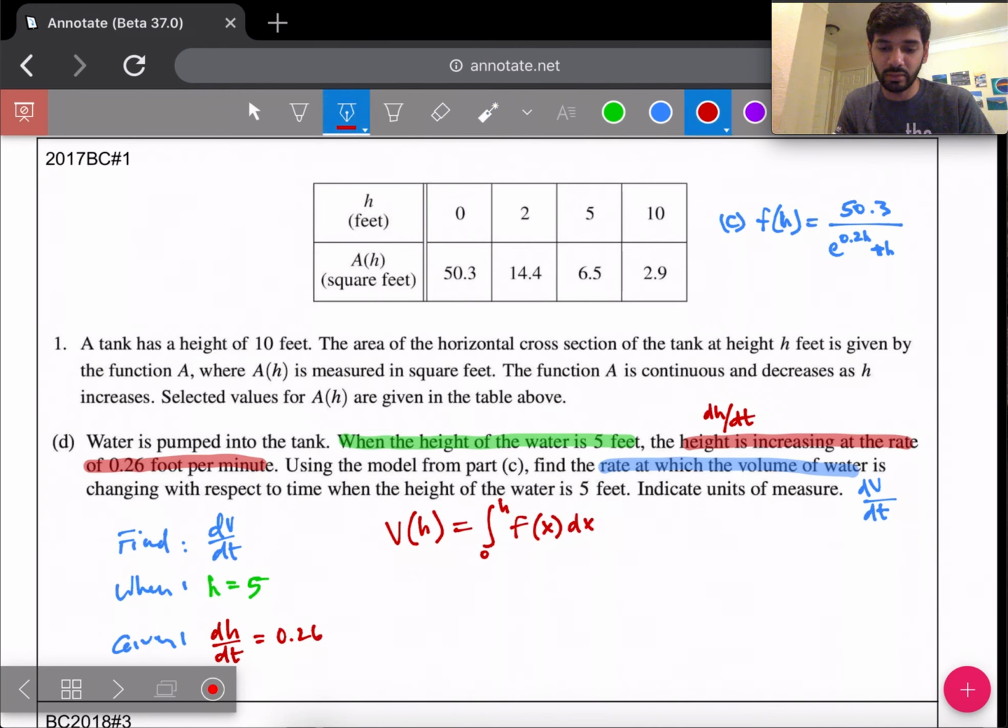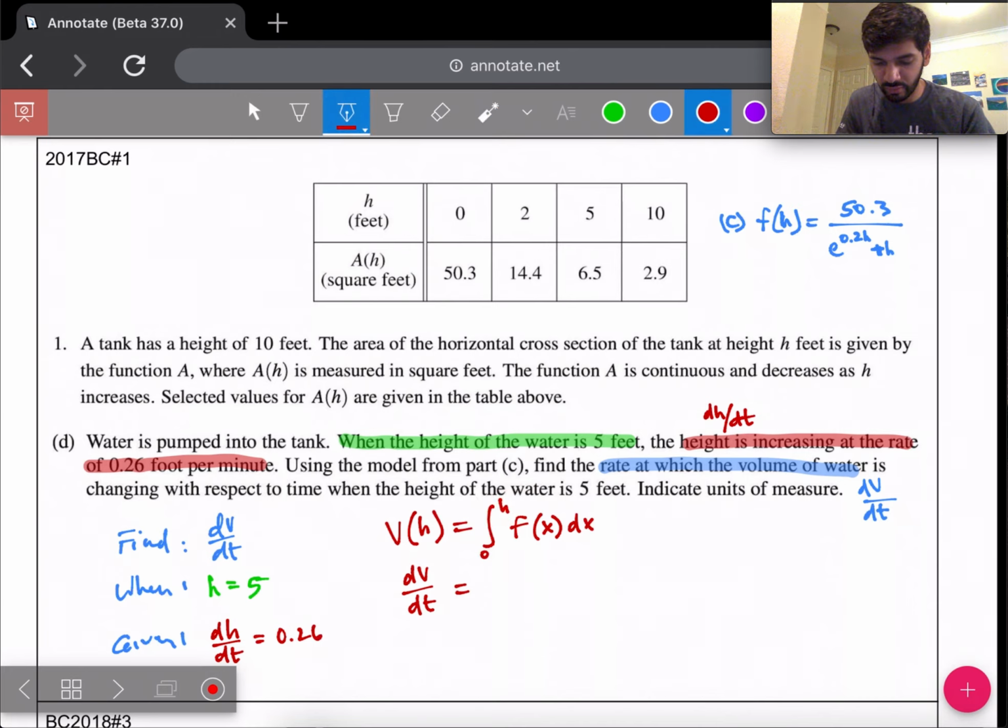So taking the derivative of the volume with respect to t, the dV dt portion right here is equal to, and what I need to do with this side is take the derivative. If I take the derivative of an integral, and my top bound is h, this is the second fundamental theorem of calculus, where we drop this variable into the function here.